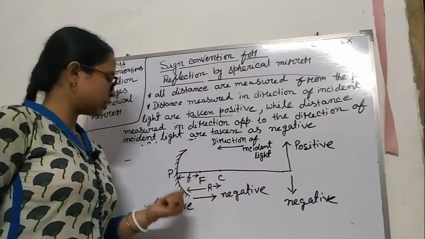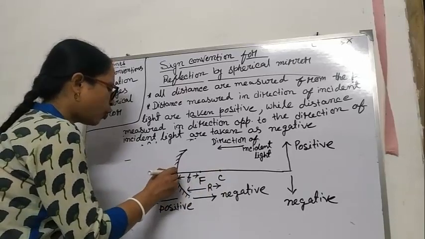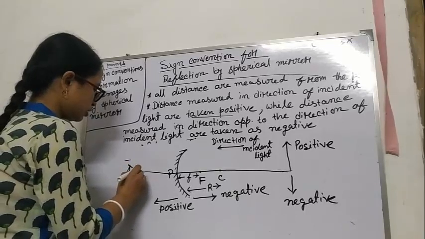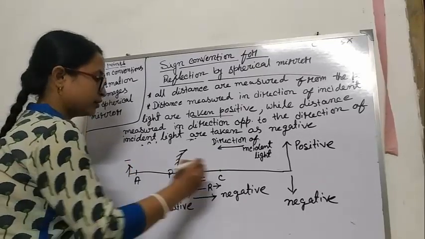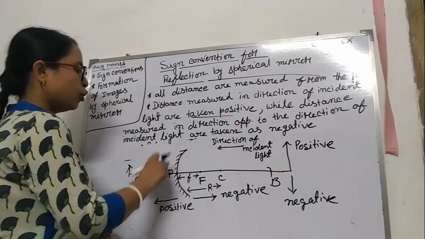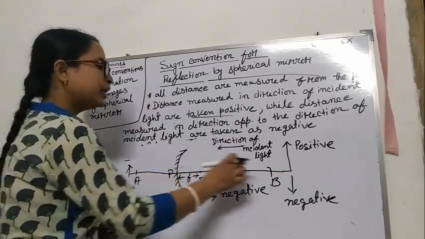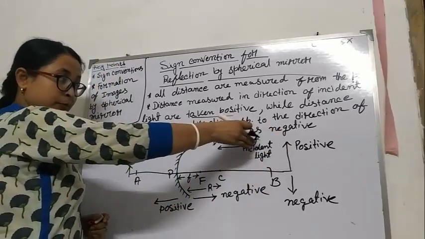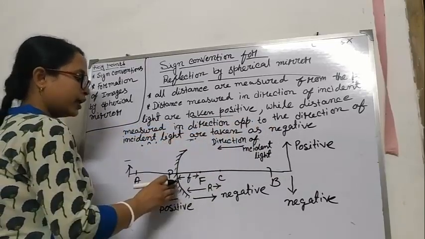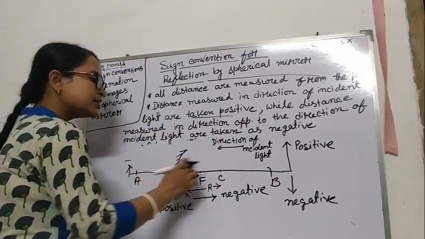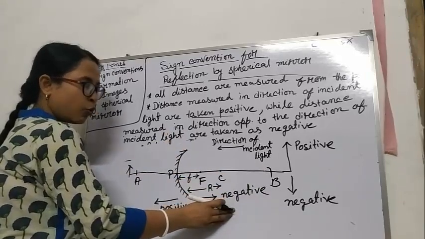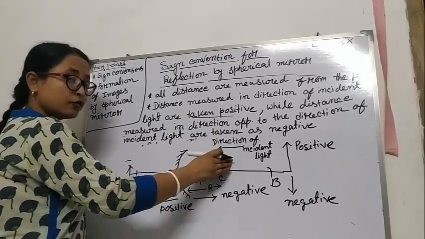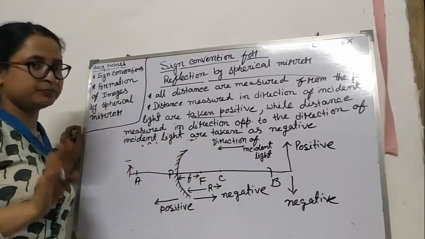We have to measure all the distances from P. Suppose this is a point A and this is a point B. The direction PB is taken as negative, why? Because the incident light is coming like this. This direction is opposite, so PB is measured as negative, and PA is in the direction of incident light, so it will be positive. Clear?